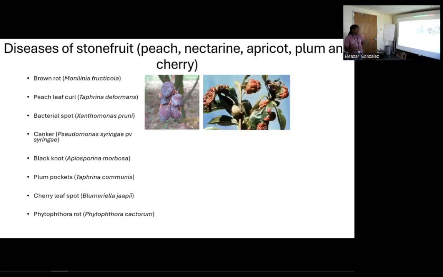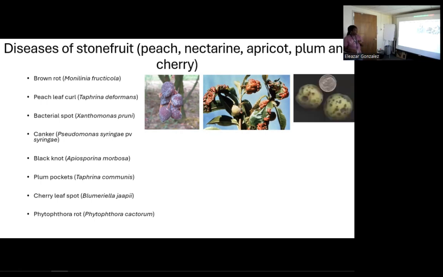And then peach leaf curl is another example caused by another fungus, Taphrina deformans, and it causes this galling and curling of peach trees and the stone fruit as well. So that one is affecting mostly the leaves, but it probably will interfere with the photosynthetic efficiency because the leaves are what are involved in photosynthesis, and you might have reduced yields.